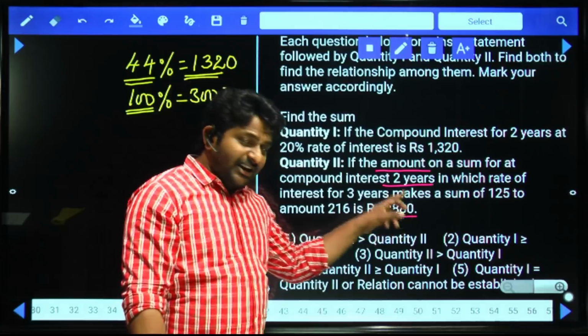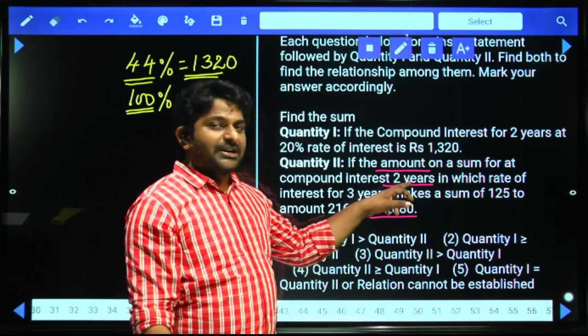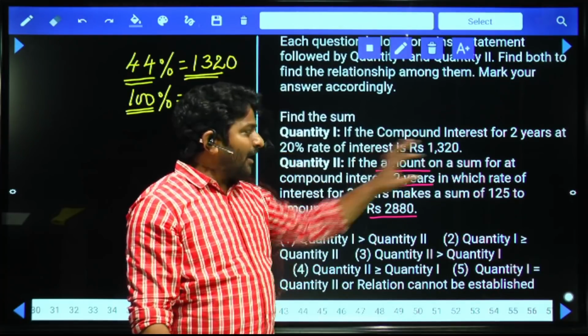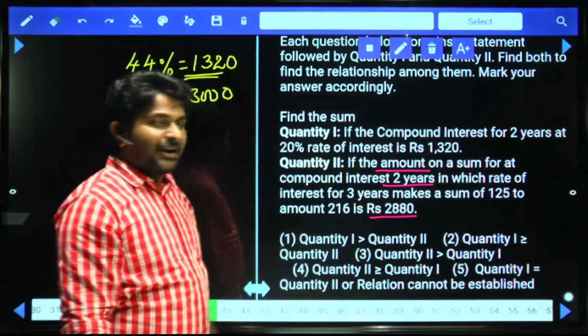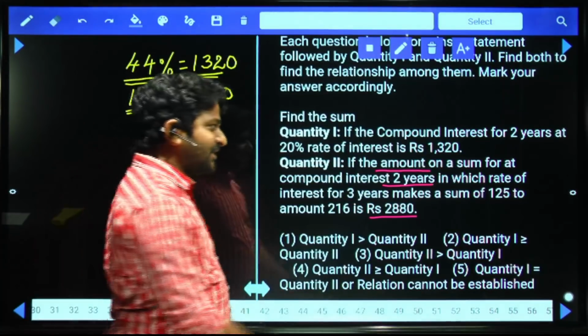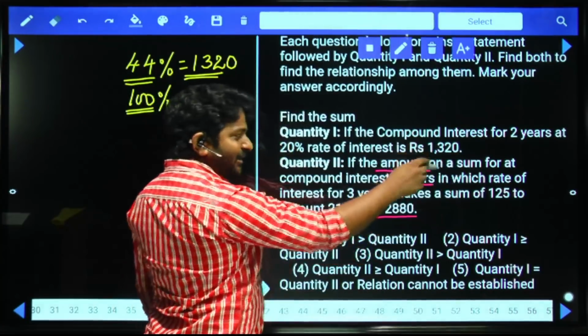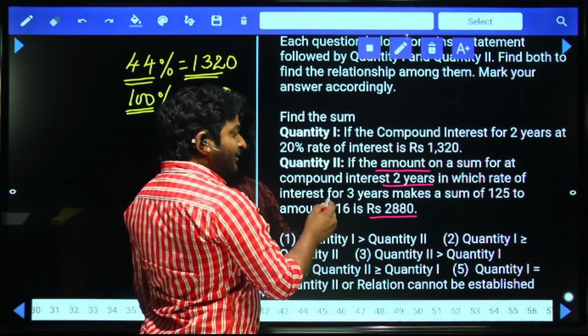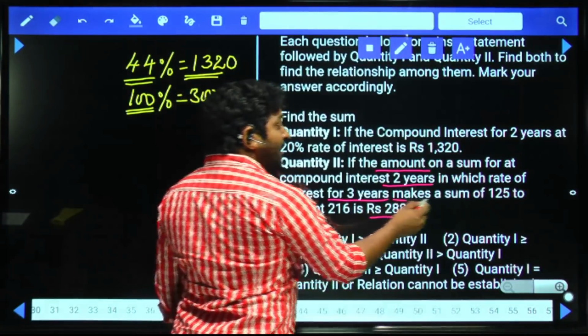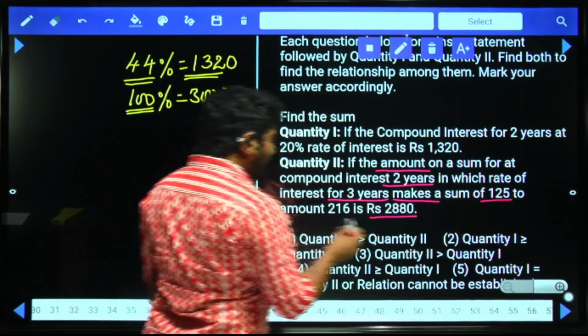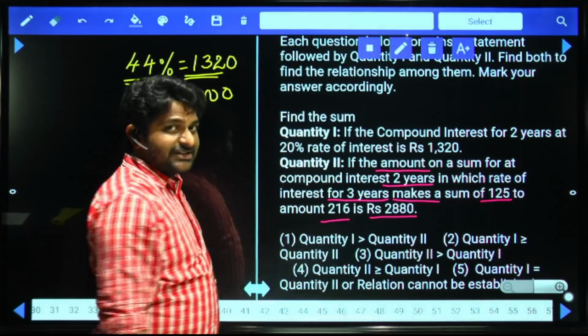Amount is 2880 for 2 years at compound interest only on a particular sum, and that's what we need to calculate. But the rate of interest is the one in which for 3 years it makes a sum of 125 rupees to 216.